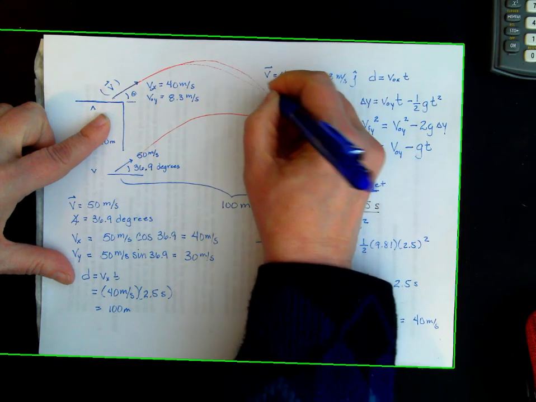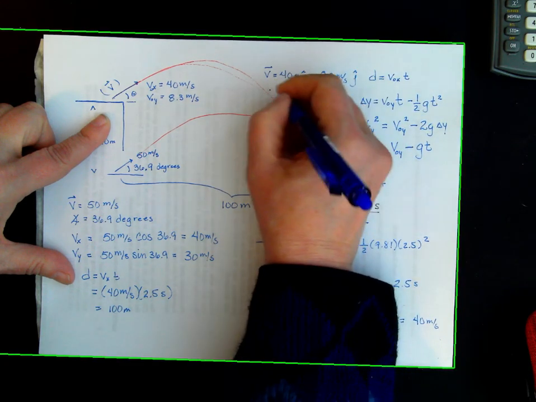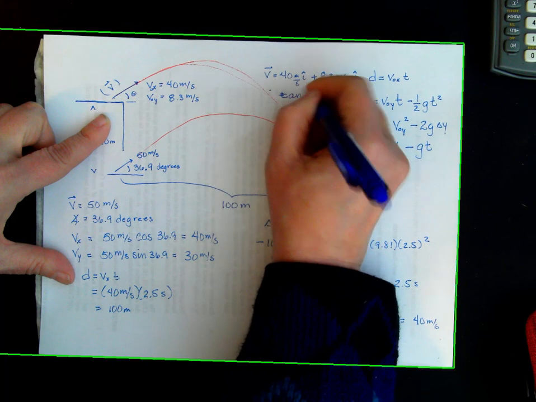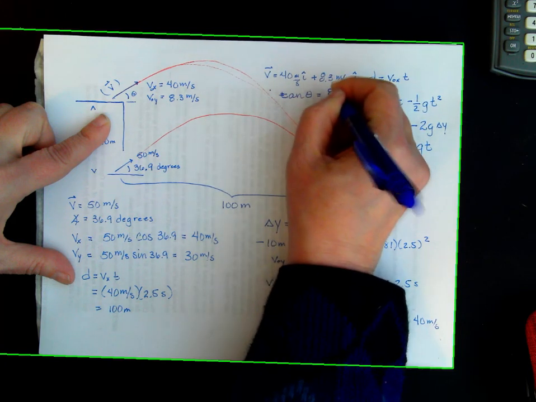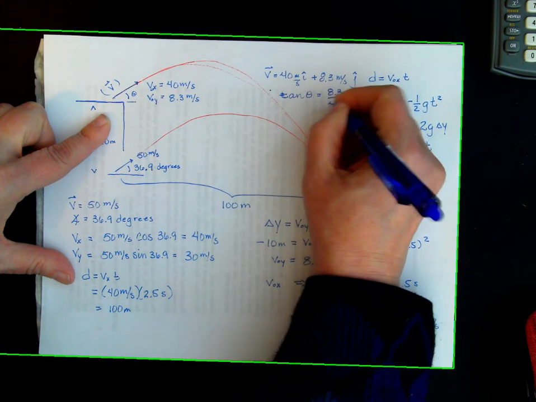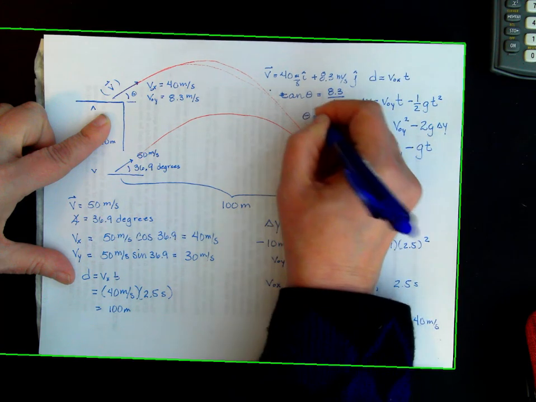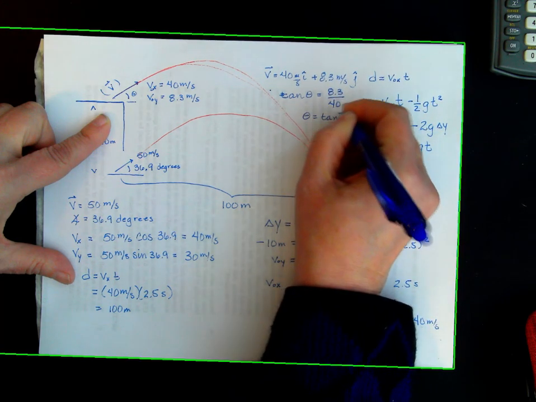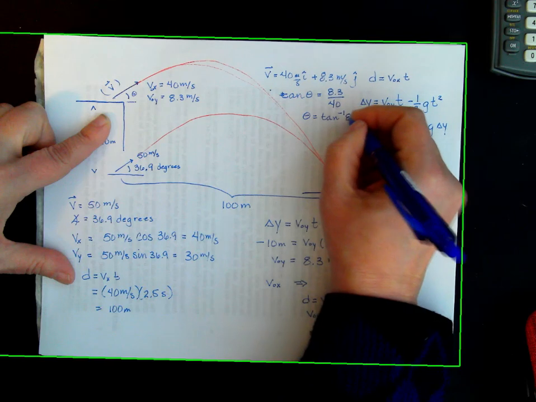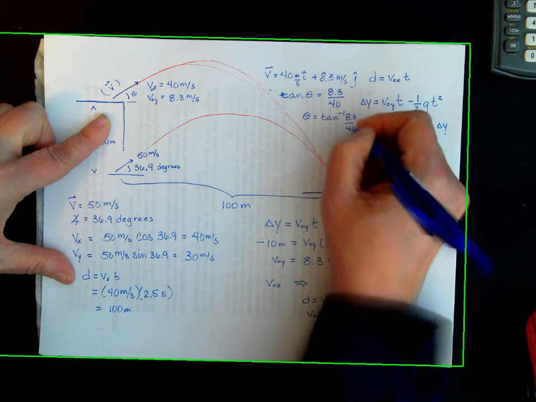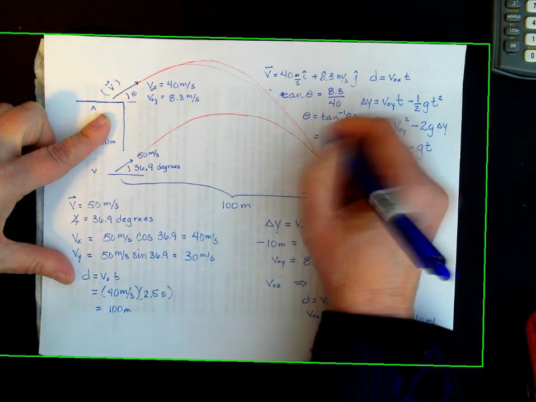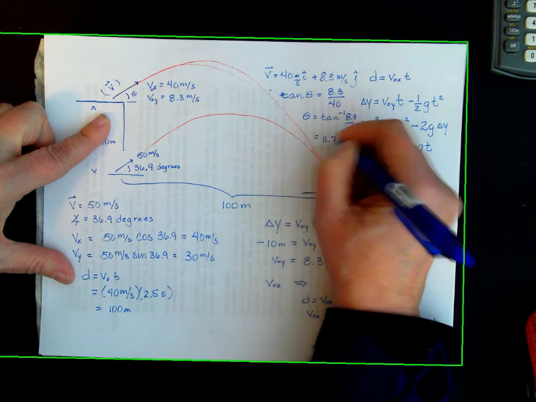Now I can calculate the angle, because remember the tangent of the angle is going to be 8.3 divided by 40. So the arc tangent of 8.3 divided by 40, and my angle is going to work out to be 11.7 degrees.